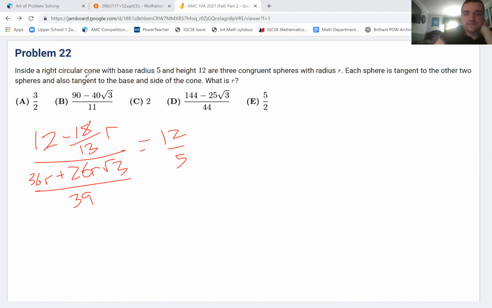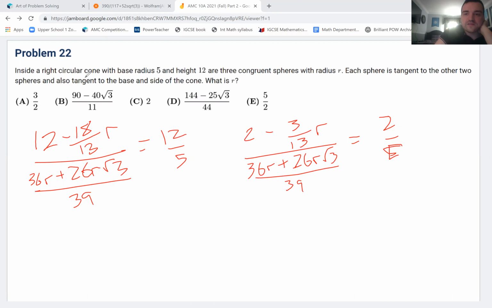That gives me (2 minus 3/13 r) over (36r plus 26r root 3) over 39 equals 2 over 5. And then on the left side, I multiplied everything by 39 in order to get rid of the smaller fractions.